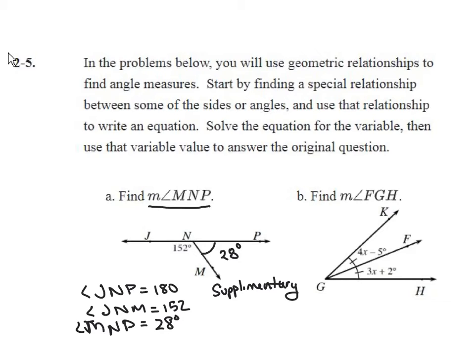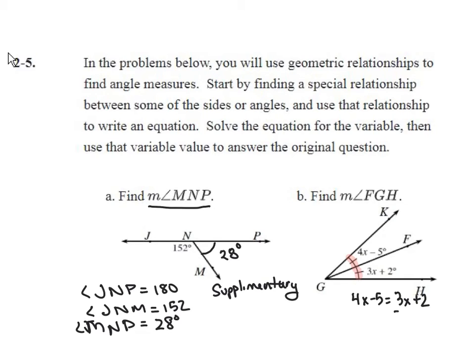Here it's showing me that this is the same as this. And if that's the truth, then I can say that 4x minus 5 is equal to 3x plus 2.